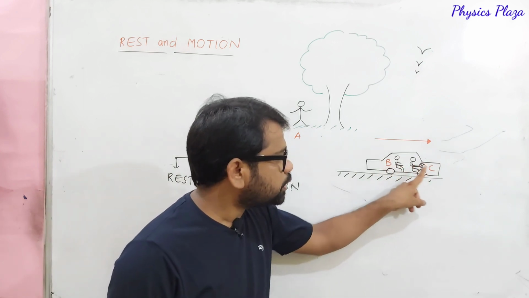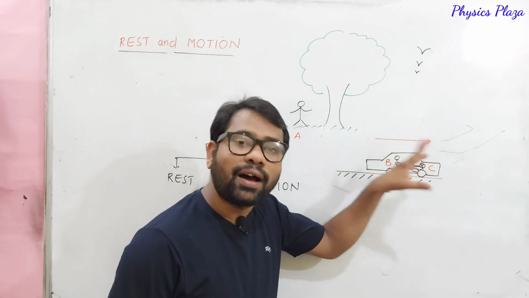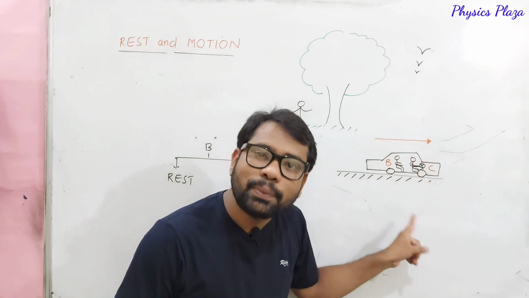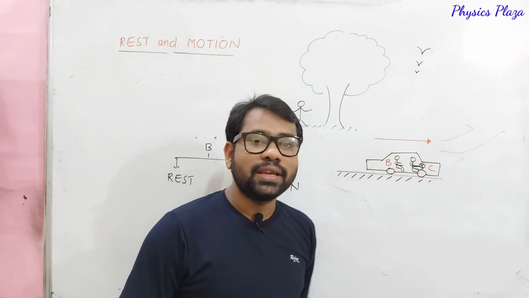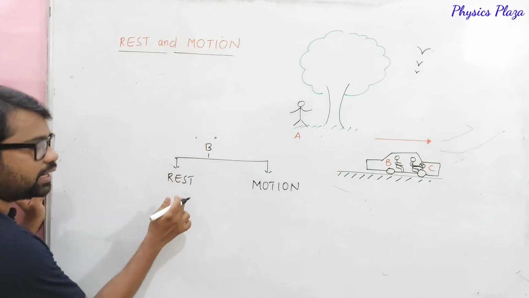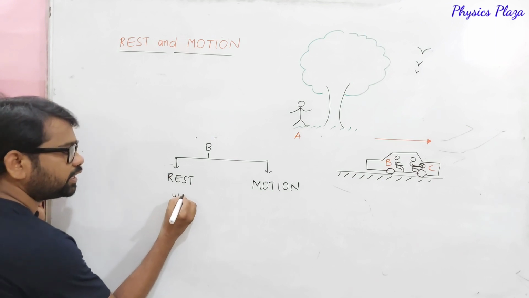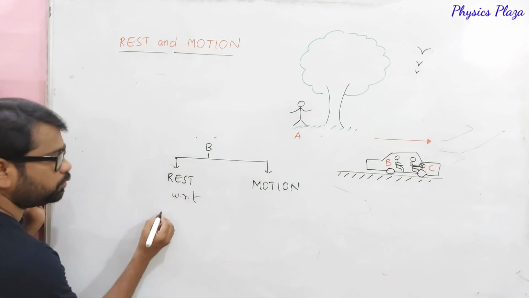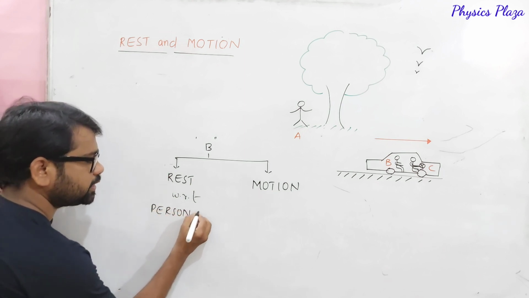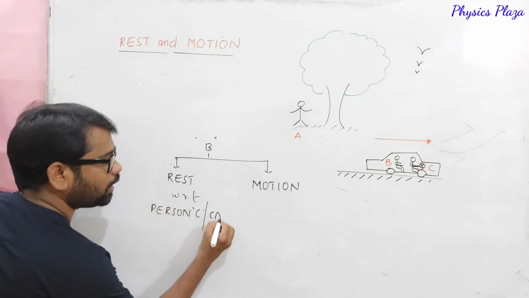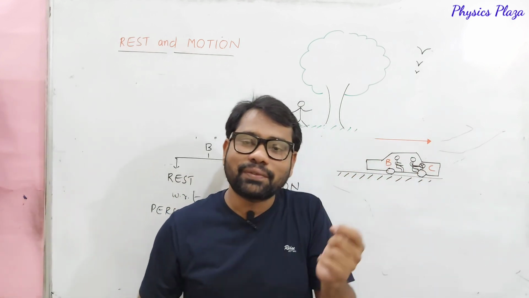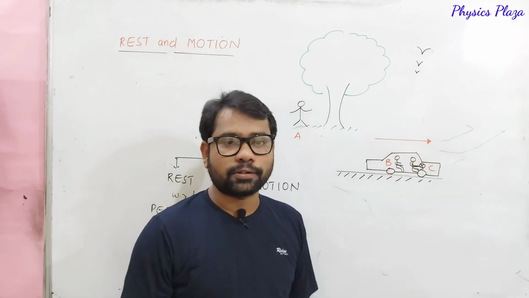So with respect to person C, or with respect to the compartment of the car, person B is not changing position. So we can say that person B is at rest.